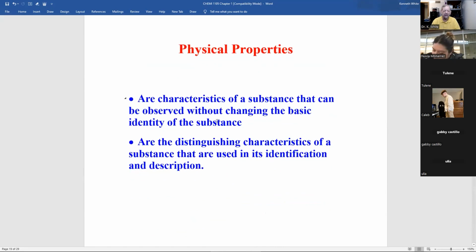Now, one type of property are physical properties, and those are characteristics of a substance that can be observed without changing the basic identity of the substance. In other words, there are distinguishing characteristics of a substance that are used in its identification and description.